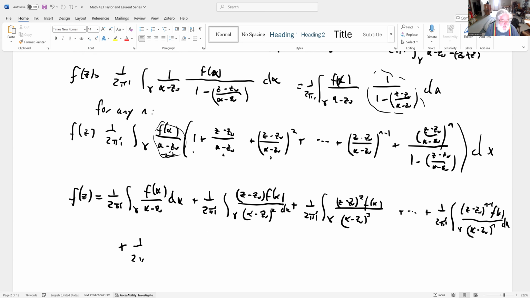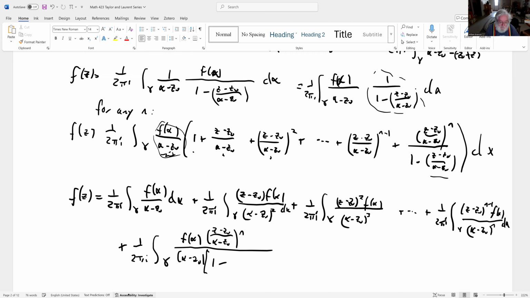So 1 over 2 pi i, integral around gamma of f of alpha, z minus z0 over alpha minus z0 to the n over, now we're going to bring in this alpha minus z0 and multiply it by all this stuff, 1 minus z minus z0 over alpha minus z0, d alpha.